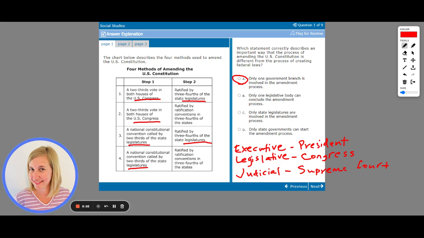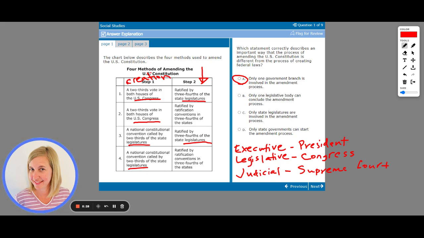So, answer choice B, only one legislative body can conclude the amendment process. Now, conclusion is here in step 2. Step 1 is the creation over here of an amendment. This is where they first create the idea for an amendment, and it has to pass.